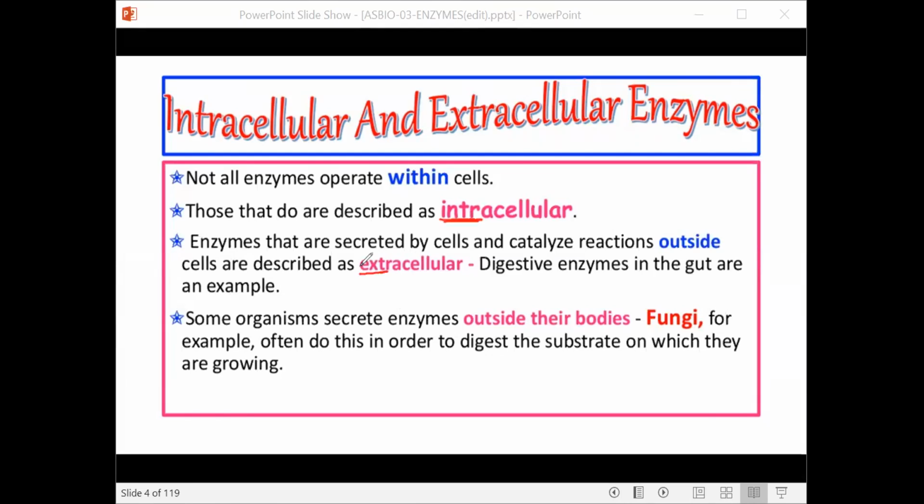If it is outside, extra. That means it is released out of the body. That is what intracellular and extracellular enzymes are for.